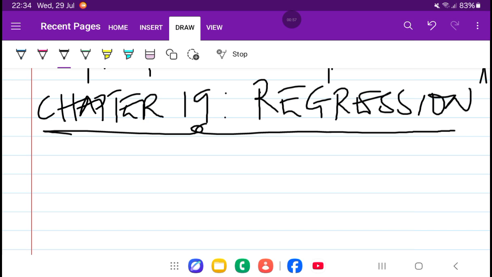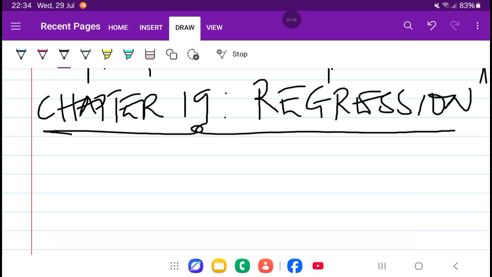Of course, by the end of this chapter, you will be able to explain the individual terms used in what we call simple linear regression models. That will be our learning outcome number one.